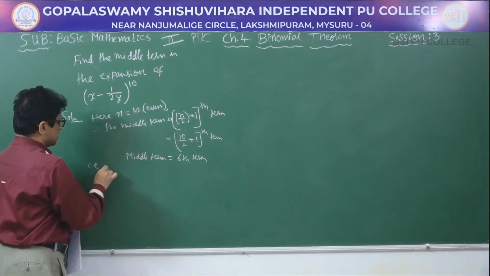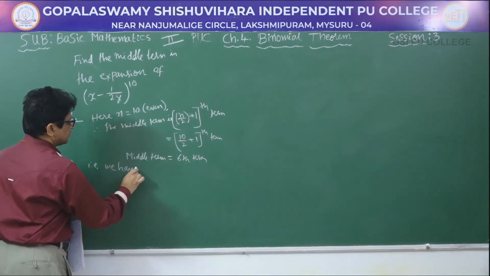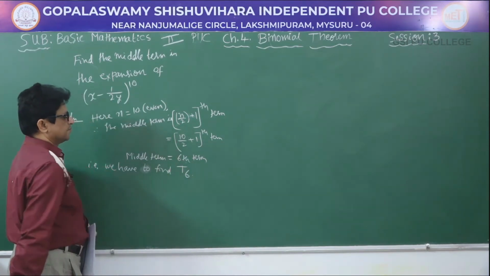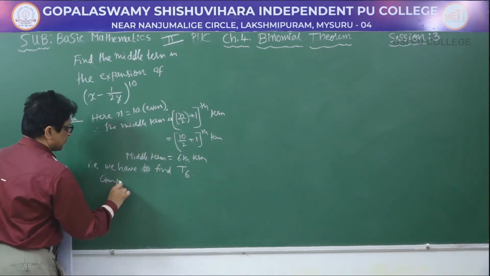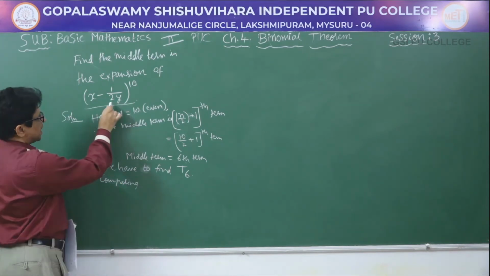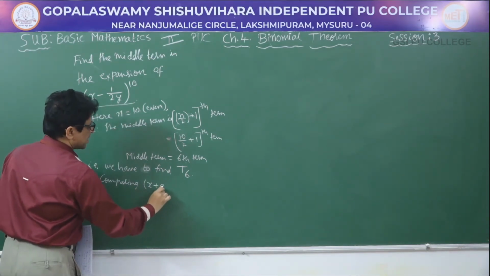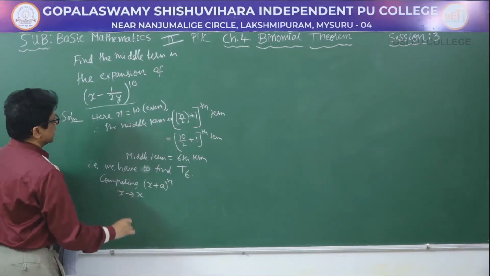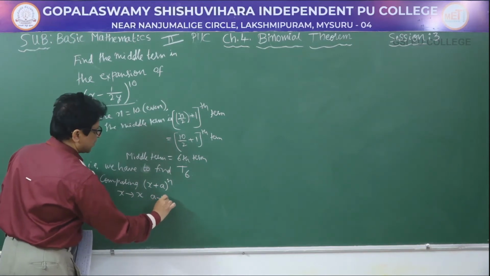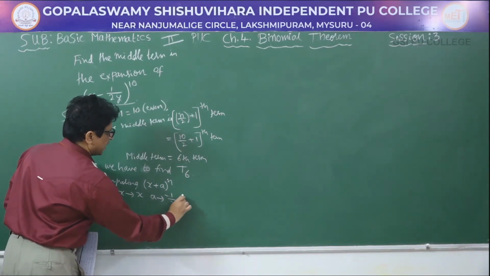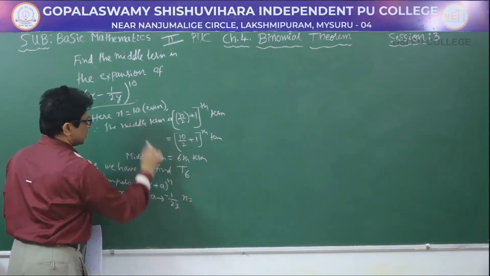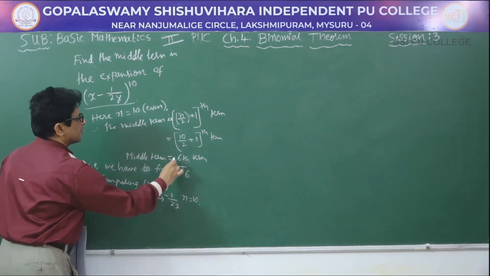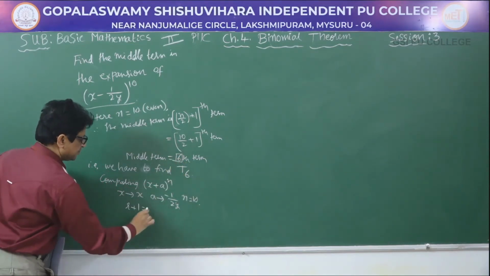That is, we have to find T6. So, comparing the given problem with (x + a)^n, x is x itself and a is nothing but minus 1/(2y) and n is equal to 10. r plus 1 will be equal to 6.